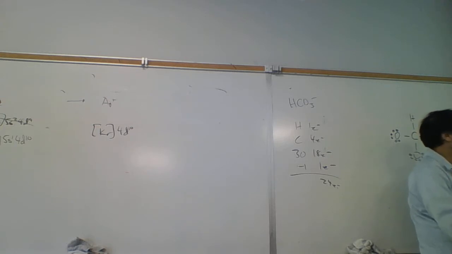One I'll round up, the other I'll round down. But this is not percent by mass. This is percent by volume or percent by moles or molecules. If I had 100 molecules of air, then 80 would be nitrogen, 20 would be oxygen. Or if I had 100 liters of air, I'd have 80 liters of nitrogen, 20 liters of oxygen.